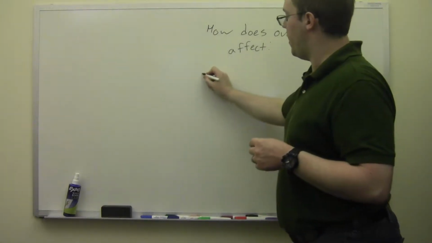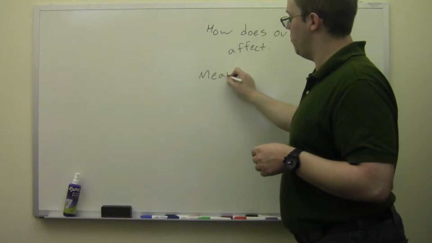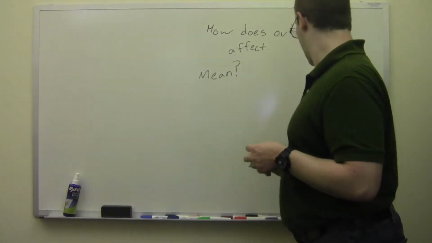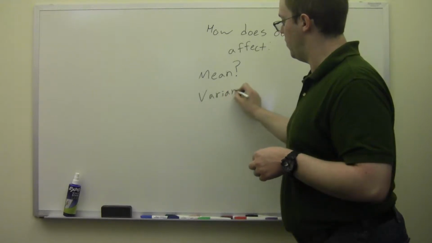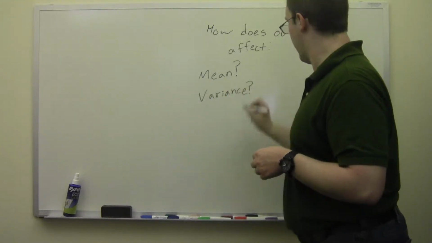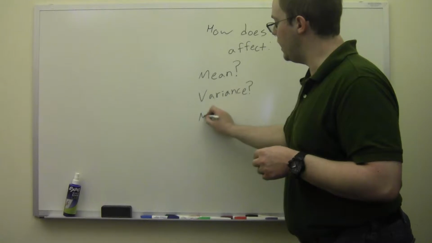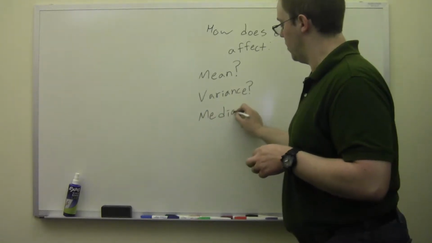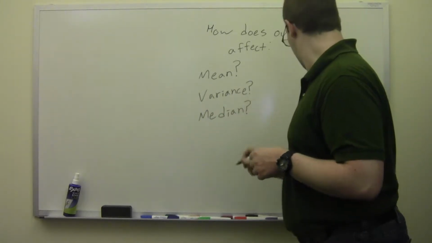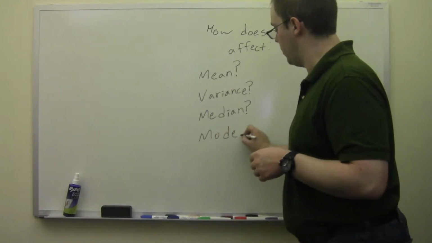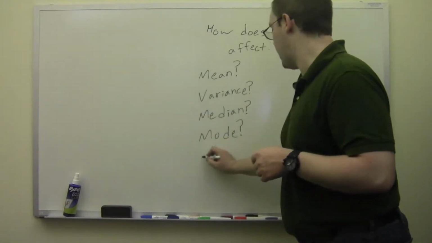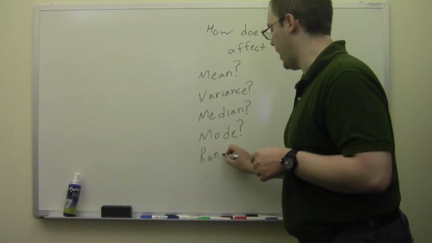How does it affect the mean? How does it affect the variance? How does it affect the median? How does it affect the mode? And how does it affect the range?